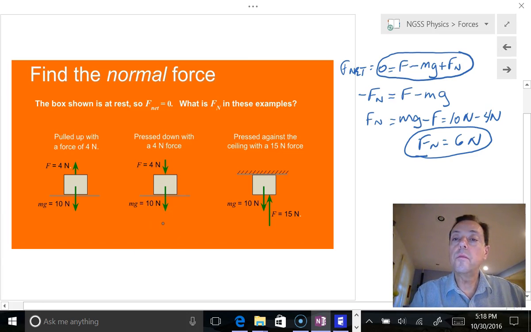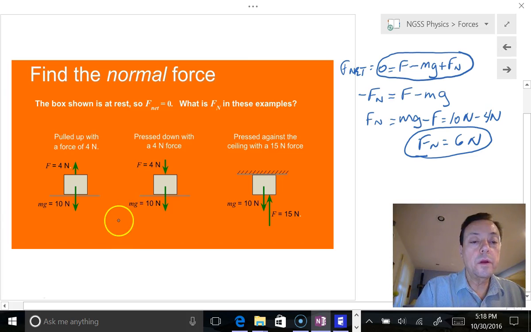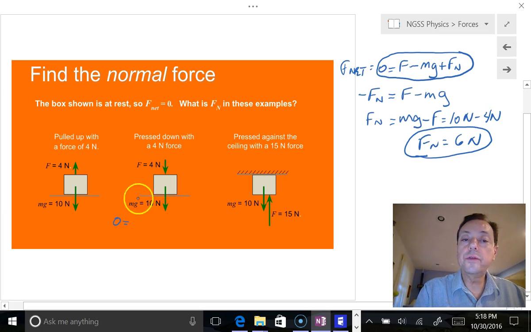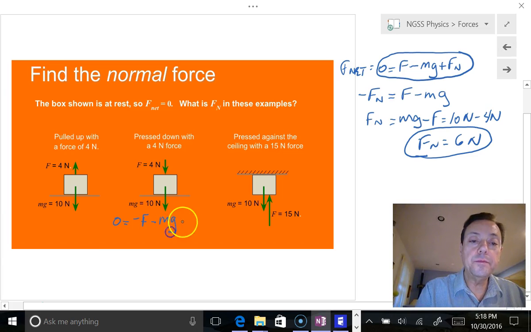Over here, in the second example, we have 0 equals minus F minus mg plus the normal force. So solving, the normal force is equal to F plus mg.